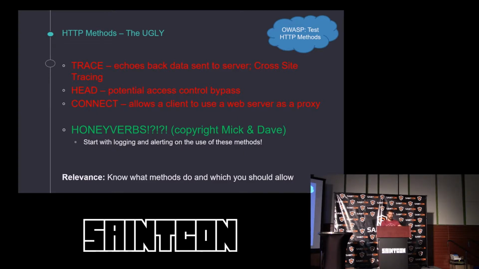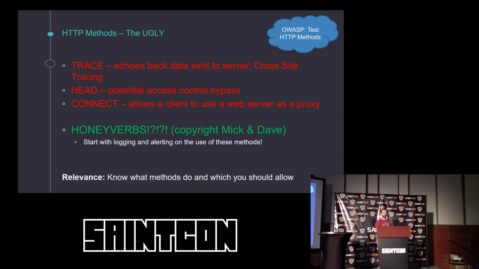And CONNECT allows the client to use a web server as a proxy. So again, unless you want one of your web servers to be used as a Tor node, then you probably shouldn't be using that one. Then last of all, Dave and I came up with honey verbs. So think about it this way. Some of these methods are probably bad, these three in particular.